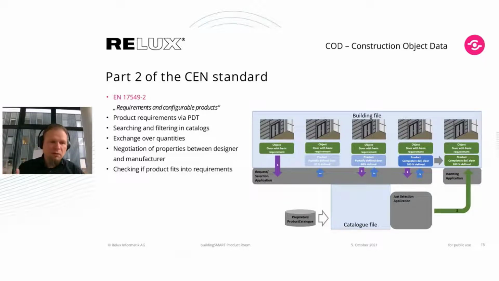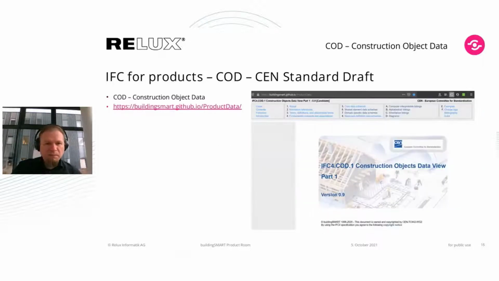This is especially for windows, doors, etc., where we have a lot of customizations, not off-the-shelf goods, more complex products. This configuration part can also be communicated in configurable parts and variants with this second part of the standard. So a bit more of the complex road ahead.